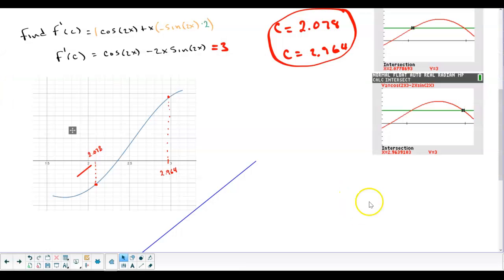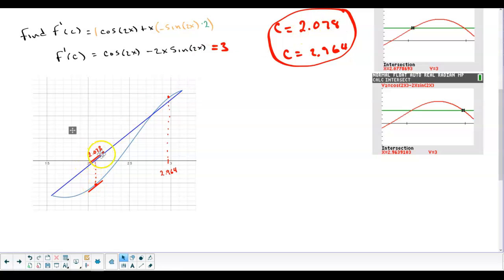All right, so finally, here's the graph of the original function from pi over 2 to pi. And what I did then was I drew in the secant line between the two endpoints. And then I took this parallel line and I'm going to move it over here, and notice I already mapped out our first answer, 2.078.